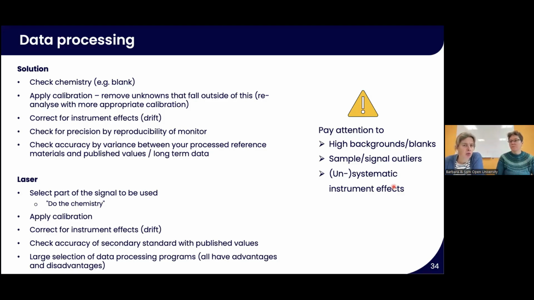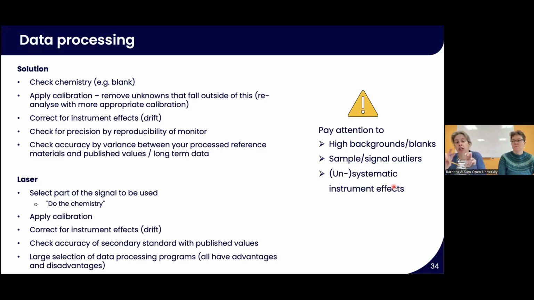And then we can also run a monitor block where we have a standard and an unknown in that monitor block. So we can check for precision by the reproducibility of a monitor run throughout the analytical period. And we can check for accuracy by looking at the variation between a processed reference material and published values or long-term data.